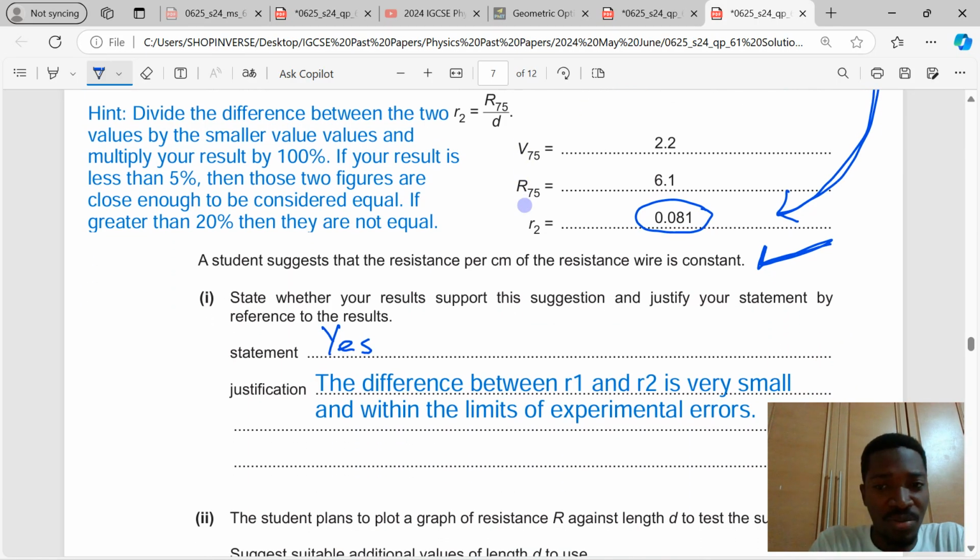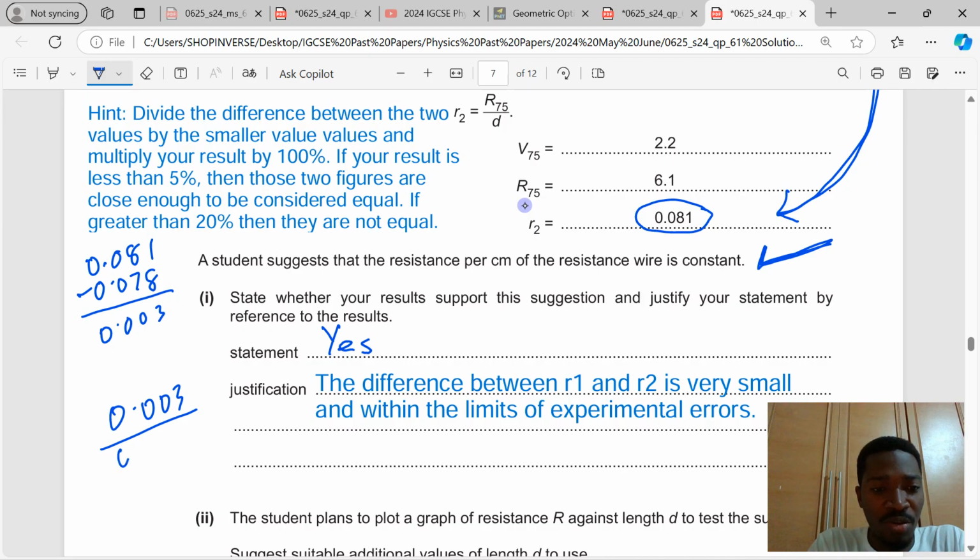Let's get that though. What we got is 0.078. Let's subtract 0.078 from 0.081. What we get is 0.003. Now let's divide 0.003 by the smaller value, which is 0.078, and multiply by 100.